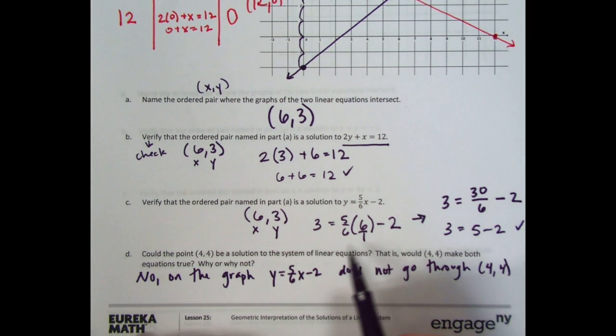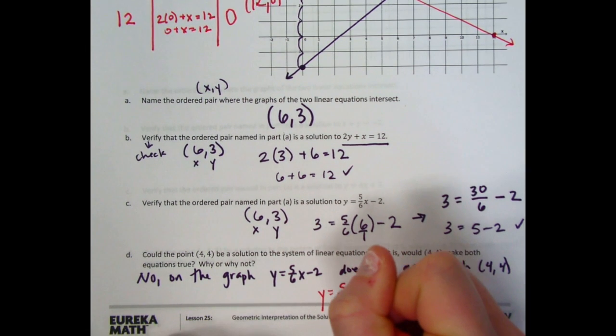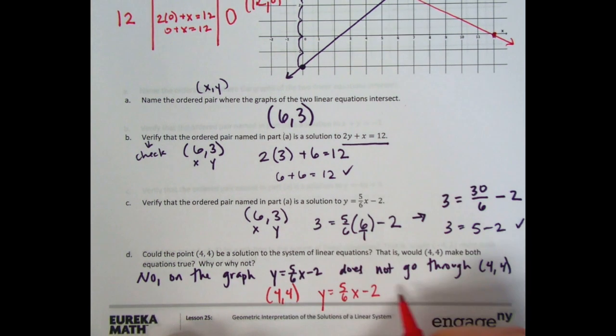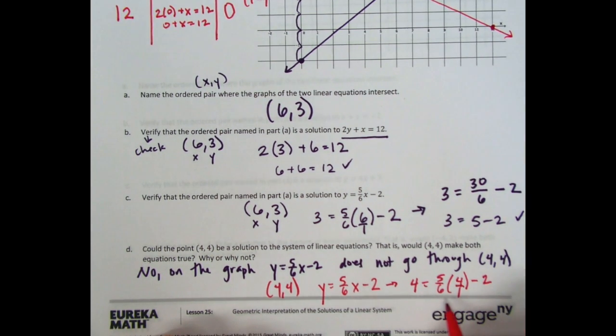I can also plug (4, 4) into my equation, y equals 5 over 6x minus 2. 4 equals 5 over 6 times 4 minus 2. Put the 4 over 1.